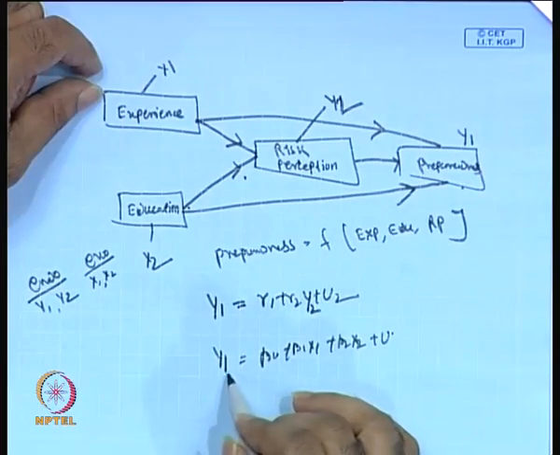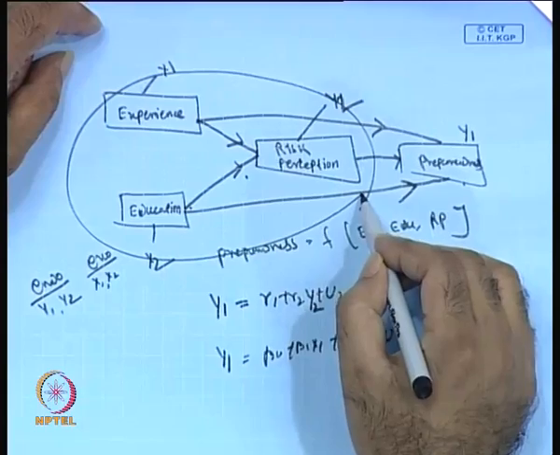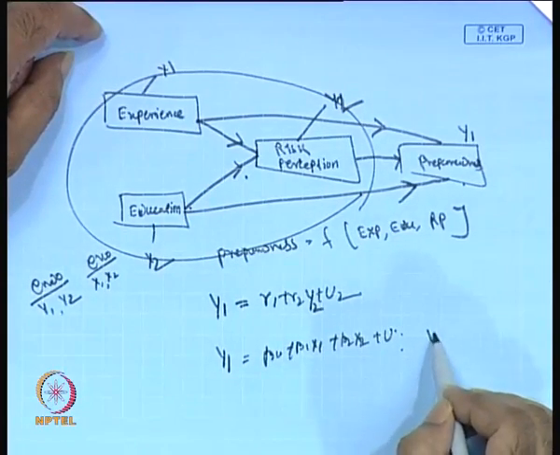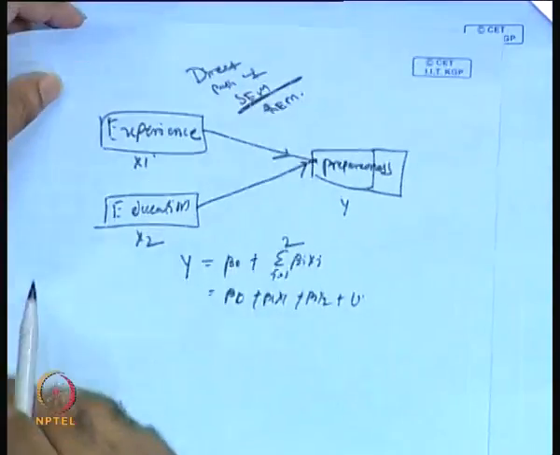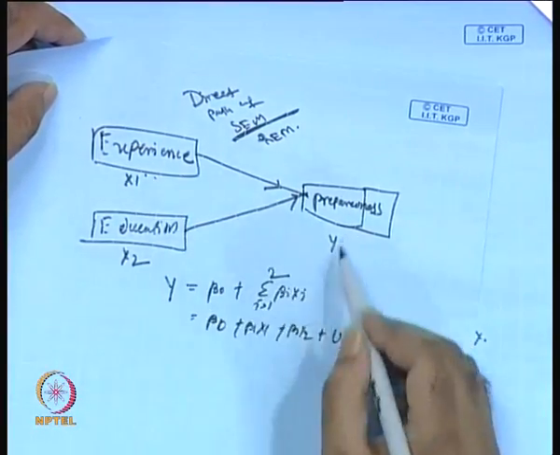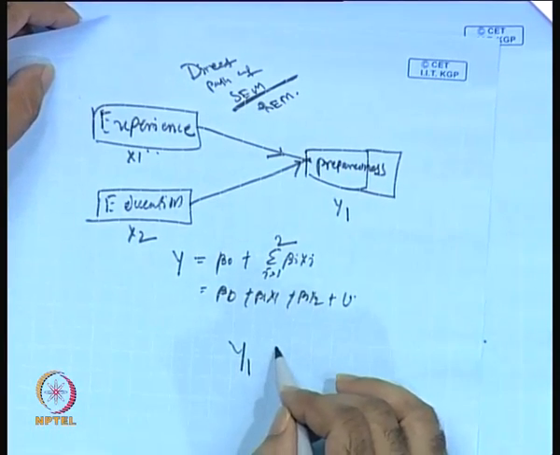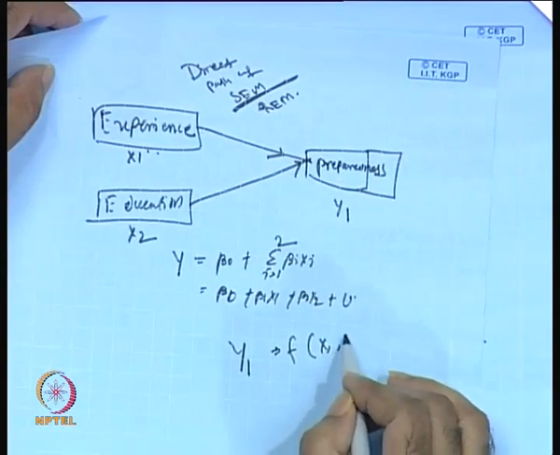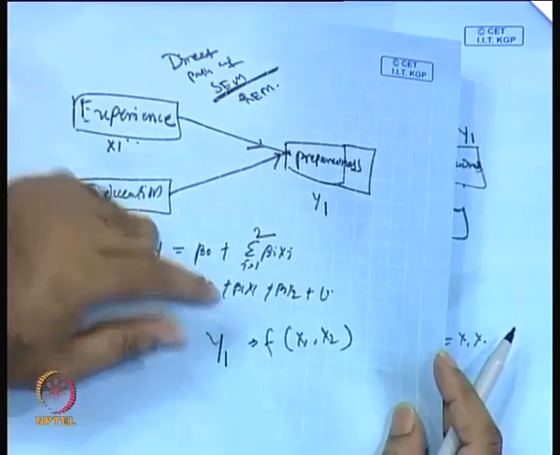Okay, so this is what we have highlighted with this particular setup. In this particular setup, y is a function of x1 and x2. So this is how we have cited here. If I recall y1, it is nothing but y1 as a function of x1 and x2 only.